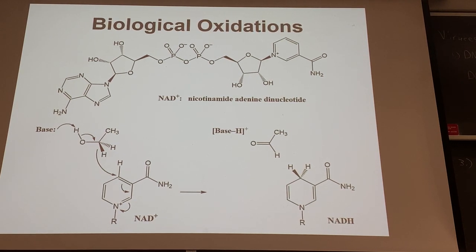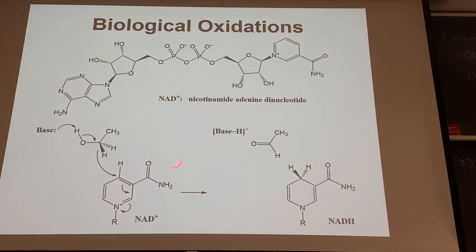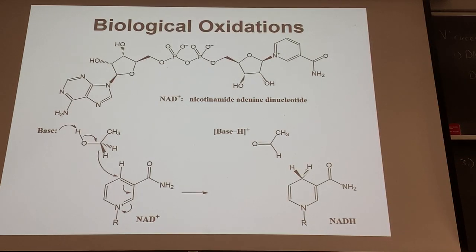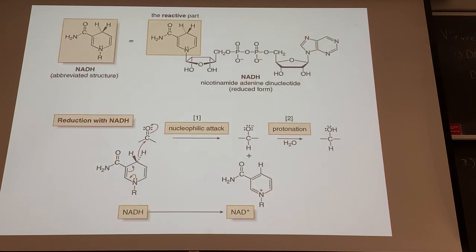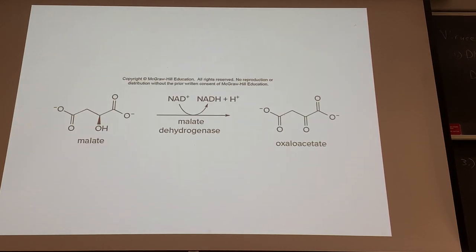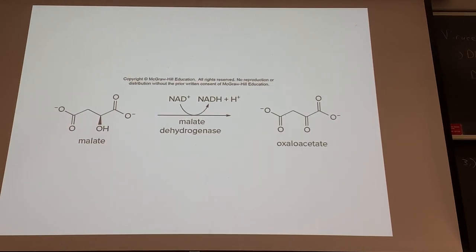Okay, but because we can't do that in flasks, the oxidation mechanisms that we use in a flask are different from this. Okay, good question. So there's another coenzyme system that performs biological oxidations and reductions. Before we do that, we'll just look here. This is again how a common oxidation reaction would be drawn in a metabolic pathway.